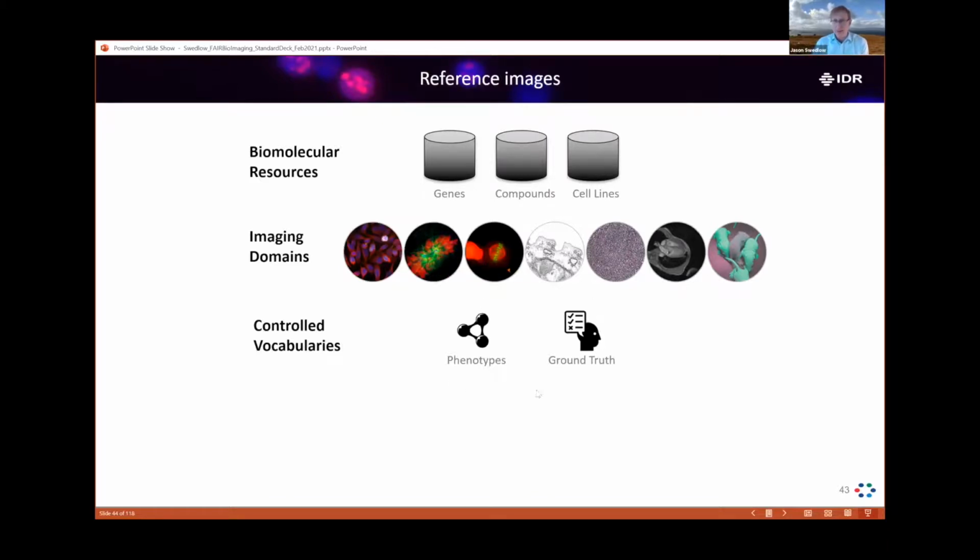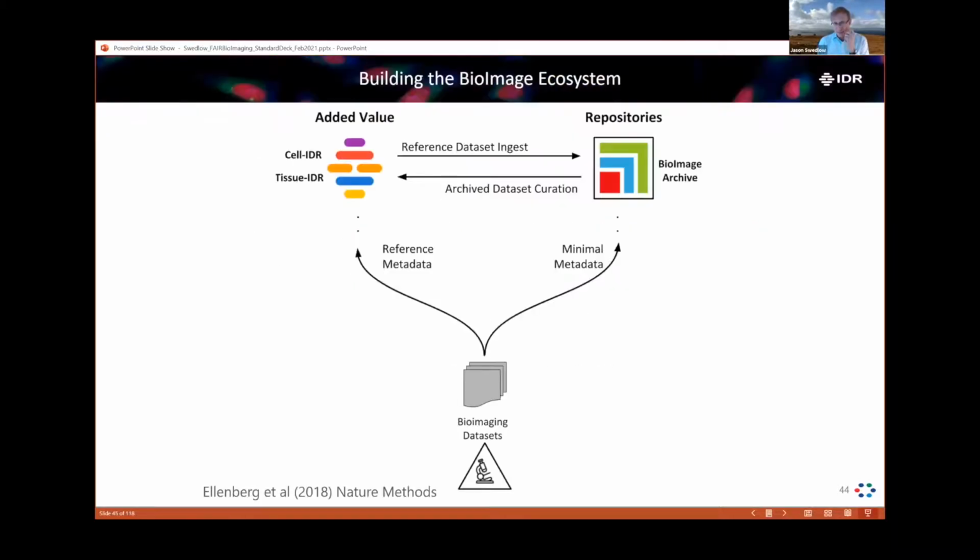Where possible, we want phenotypic information, any ground truth information, any analytics, etc. So these are very, very rich data sets. So-called reference images are a small number of data sets which meet this kind of criteria. There's a whole process by which we evaluate submissions and select those which we think we could get this very rich metadata for, to put them into the system.